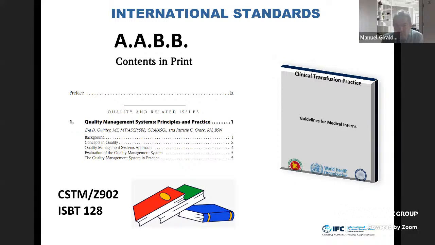The Z902 is also another framework standard used for transfusion medicine. You have ISBT, and all of these standards are used by international accreditation bodies, by JCI, by UK, by Accreditation Canada, to accredit a hospital or transfusion medicine services. And then obviously you have the WHO guidelines as well.